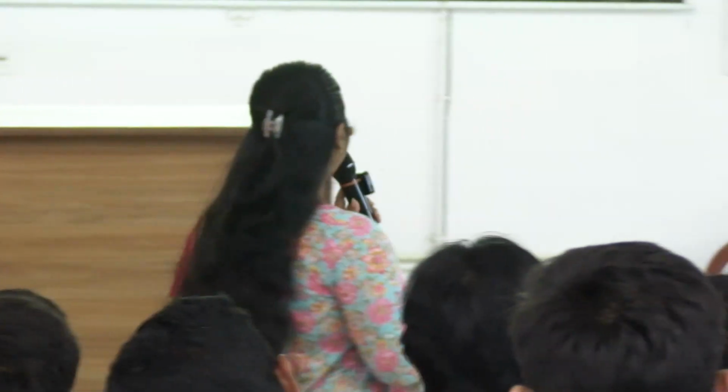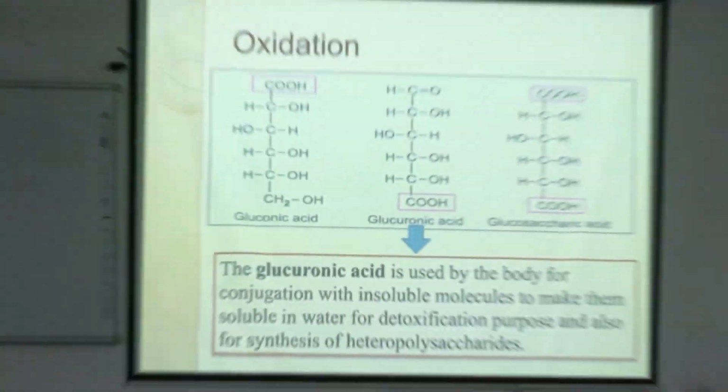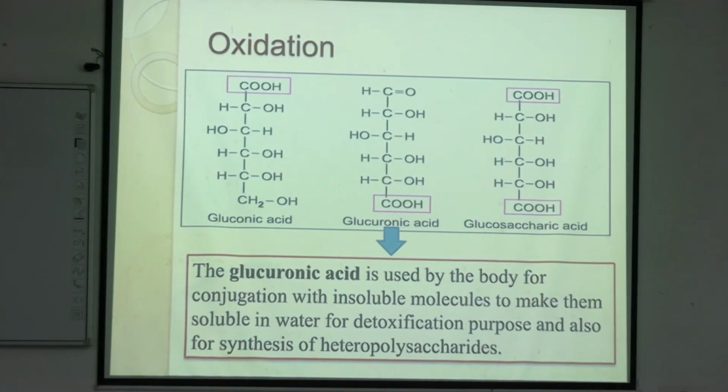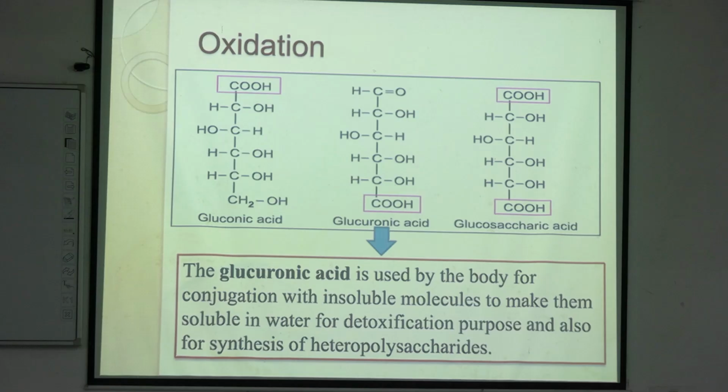C1 is containing aldehyde group and C6 is containing hydroxyl group. So there is a chance of oxidation of these two groups. Okay. So when C1 is oxidized, it will produce gluconic acid. Oxidation occurs at the ends, okay, free ends.